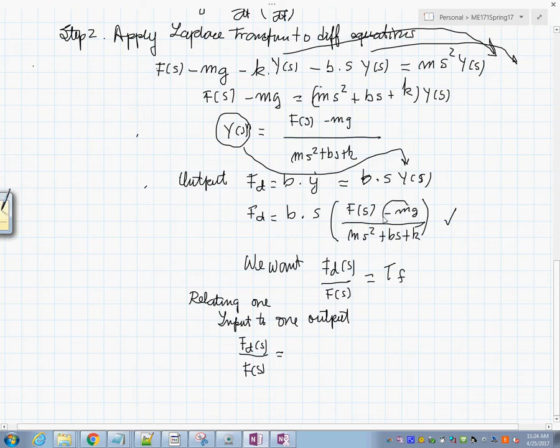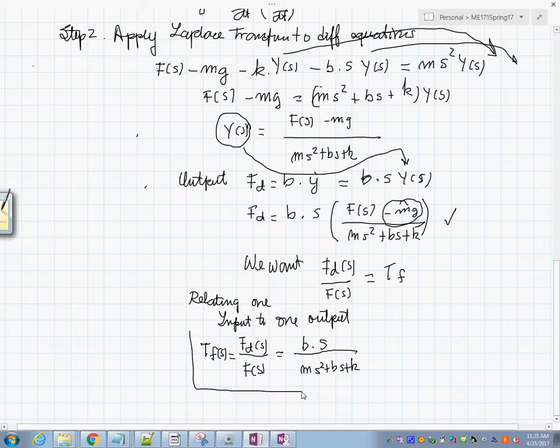So this is going to be ignored. So you're going to have Fd over F of s equal to b times s divided by ms squared plus bs plus k. And this is my transfer function.